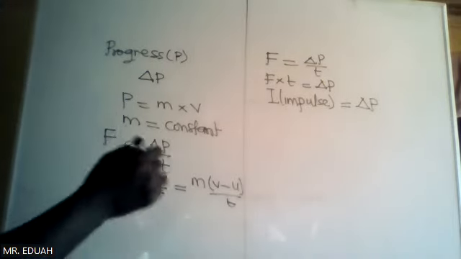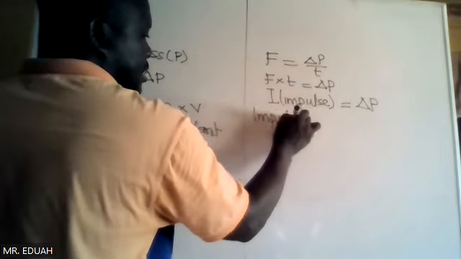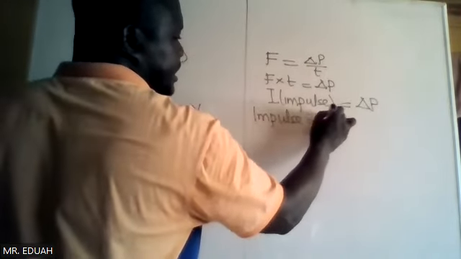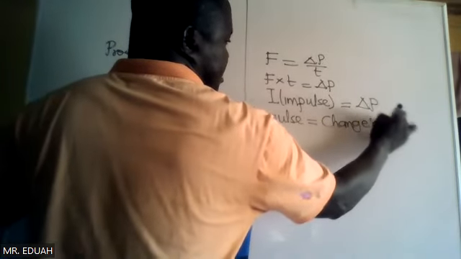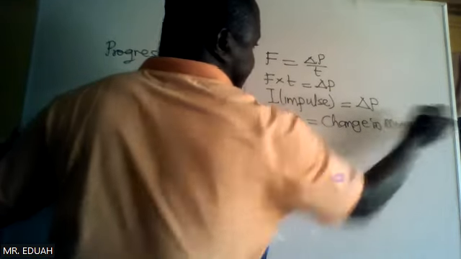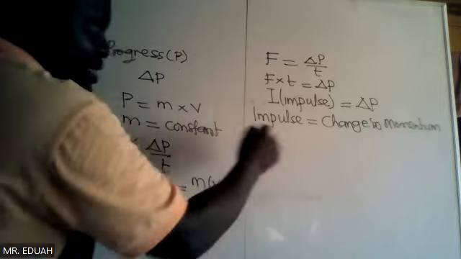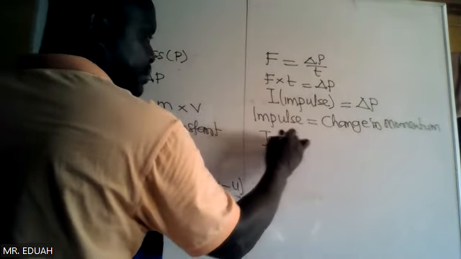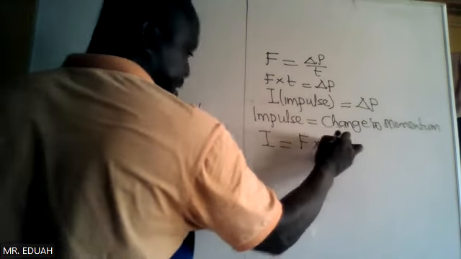And so we said that impulse is equal to change in momentum. What it also means is that I, which is impulse, is equal to F times t.